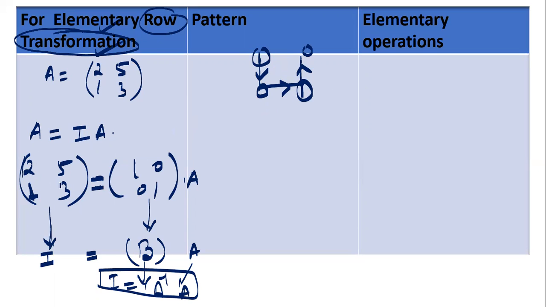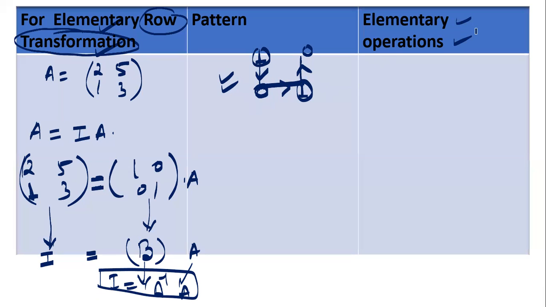It may happen that when I make it 1, the other one will again become some element other than 1. But if I follow this pattern, this will not happen. The element that is 1 will remain 1 throughout the calculation. Then after making it 0, it will be 0 only. It will not be changed. So we will follow this pattern.